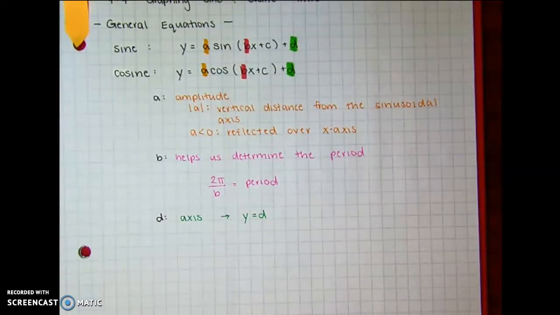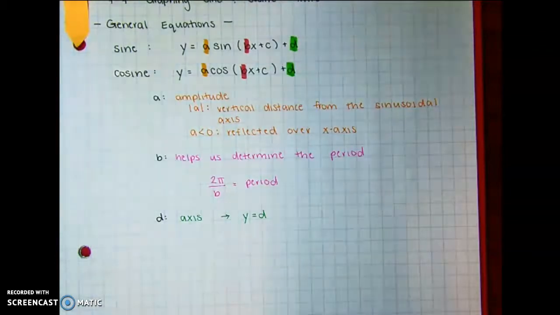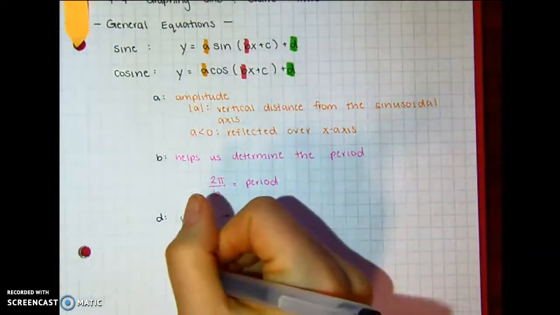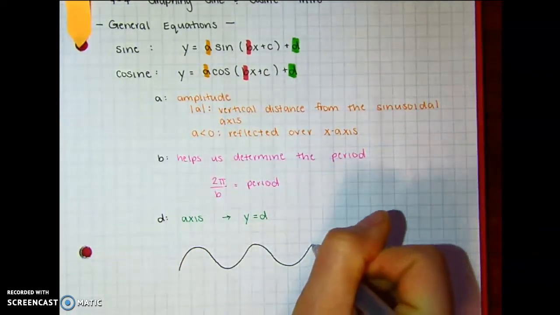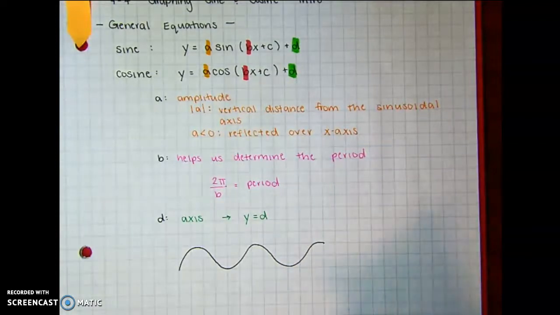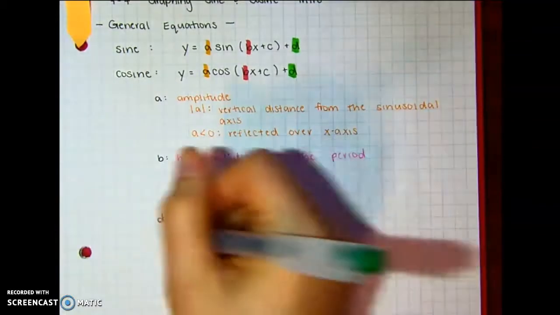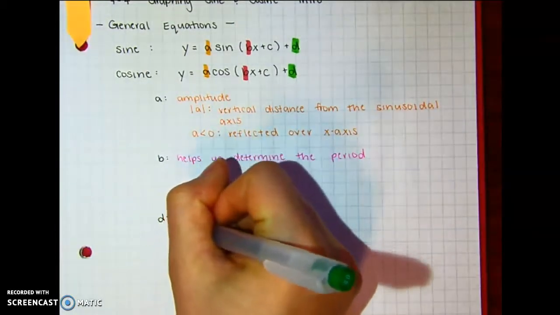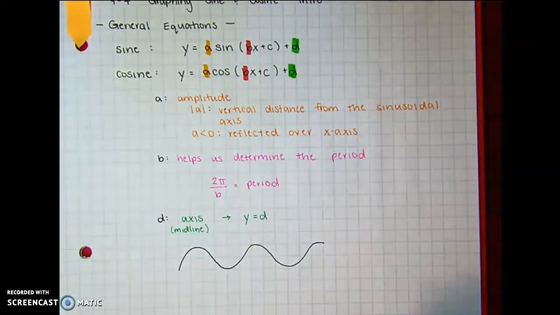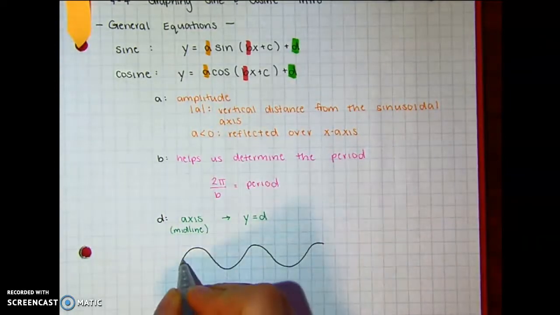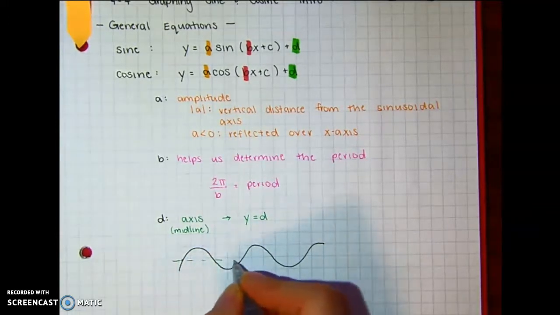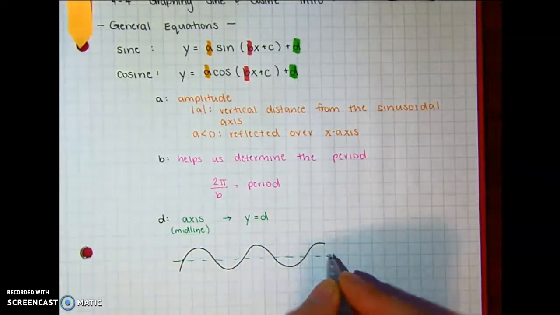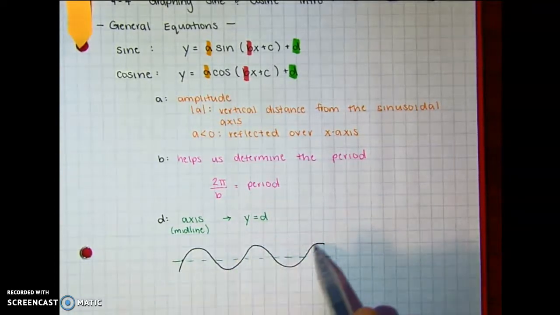All right, so let's do a little picture. The sine and cosine are both curves. So pretend this is my curve. The axis, you could also think of it as the midline, is going perfectly in between the max and the min. So it's like a dashed line, and it's what the curve is revolving around.